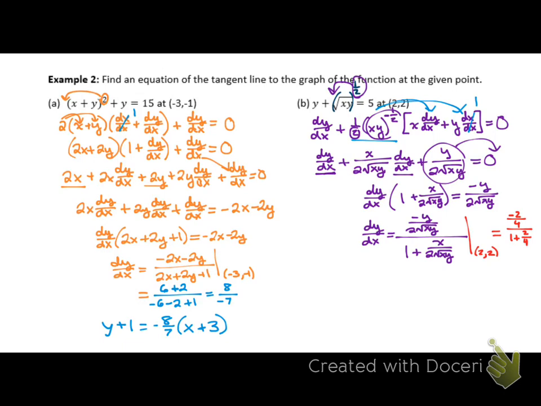Okay, so 2 over 4 plus 1 is 6 over 4. So we get negative 2 over 4 times 4 over 6. Nope, it's the same. That's a 1/3, so this is negative 1/3. That's the slope, so the equation is y minus 2 equals negative 1/3 times x minus 2.